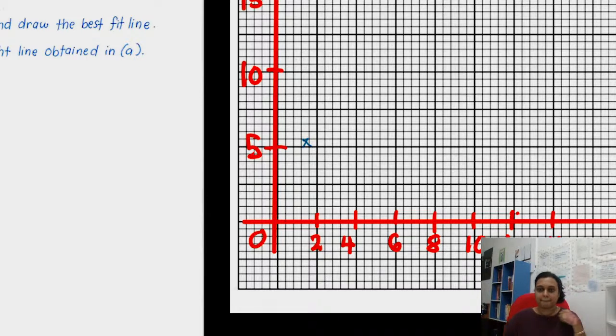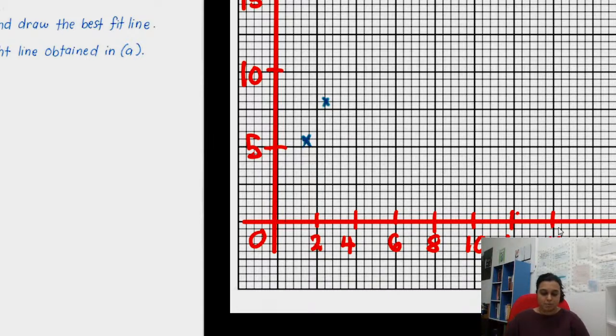Next one, 2.4 and 8.0. 5, 6, 6.5, 7, 7.5, 8. Near here.